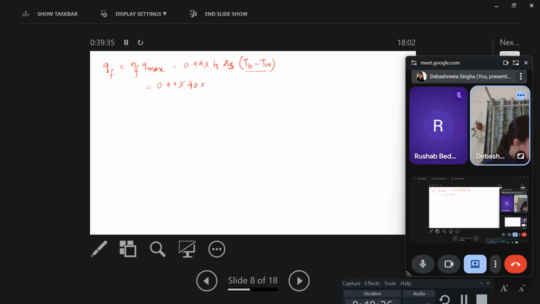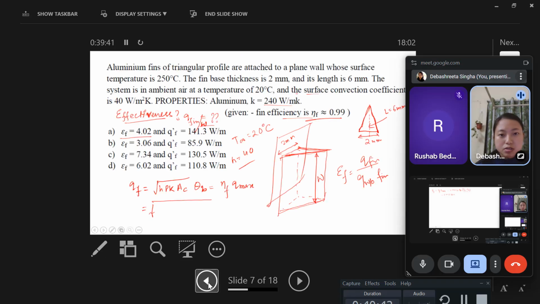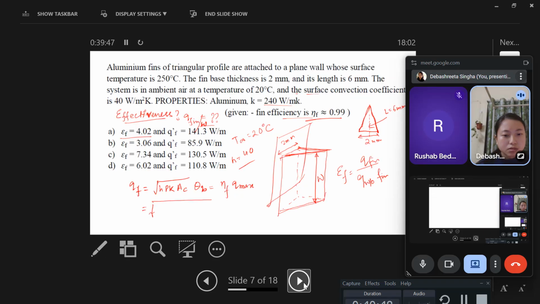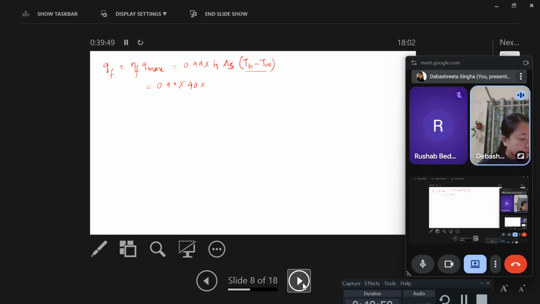Tb is the base temperature, minus T infinity. We'll denote this as theta. Anyways, we can also write 250 minus 20 into AS. Now, what is this AS? AS is the surface area of the fin.